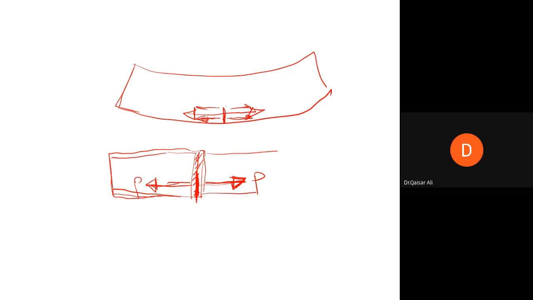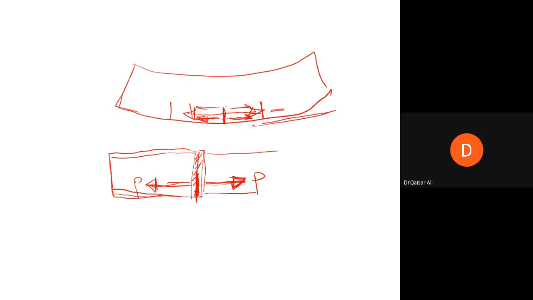If the pulling forces exceed the tensile capacity of the member, then a crack will appear perpendicular to the direction of the tensile stress. So you have noticed that all these cracks were in the direction perpendicular to the direction of the stresses, along the depth of the member and perpendicular to the length of the member.